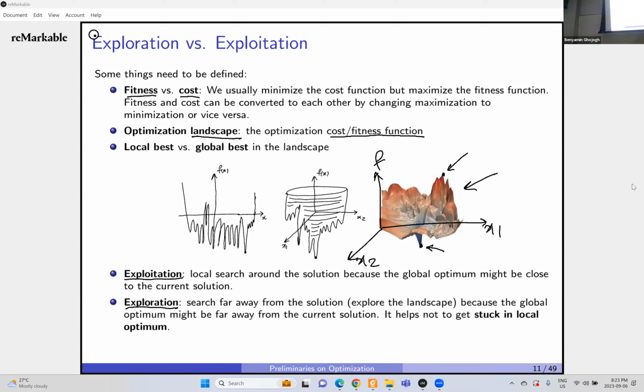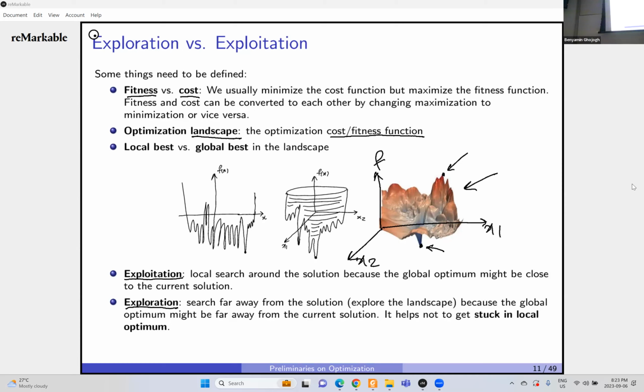Now, why are these important? You need to have a kind of trade-off between exploitation and exploration. Because if you have too much exploitation, what happens? Can you tell me? So I have too much exploitation in my algorithm. Yes? Exactly. You will get stuck in a local best.